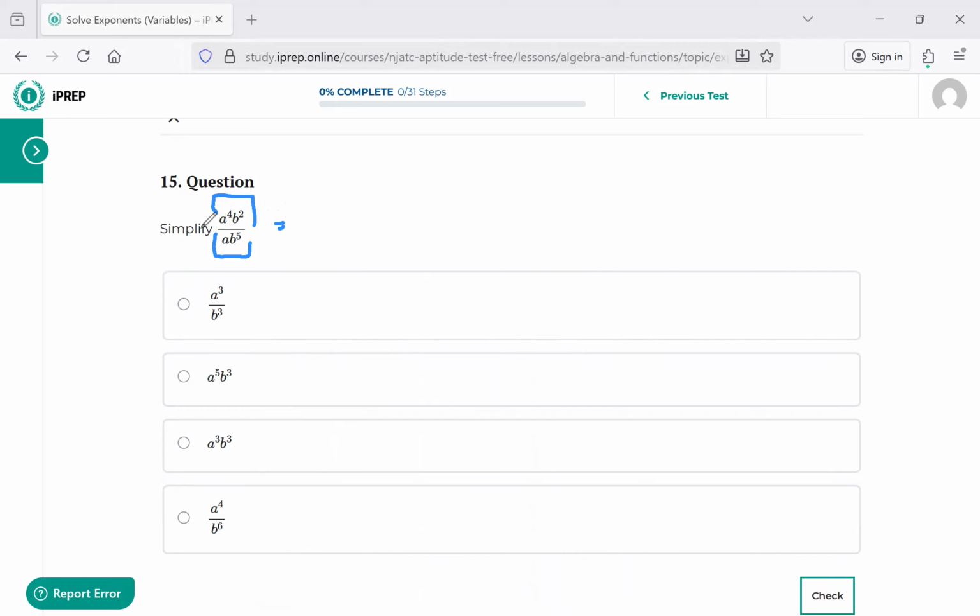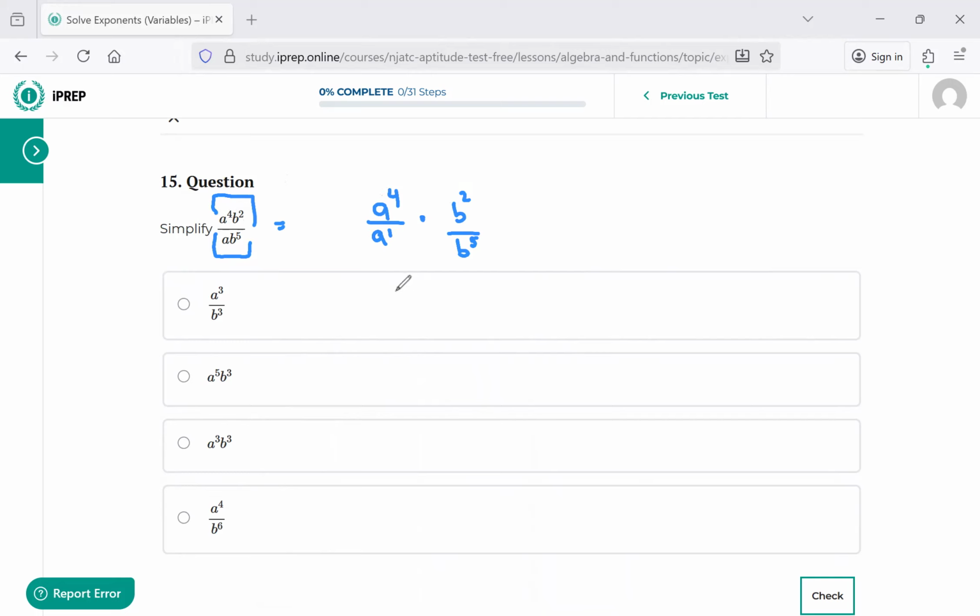So what we'll do is divide the letters. Let's start with a. What's a fourth divided by a to the 1? And then it's times b squared divided by b to the 5.